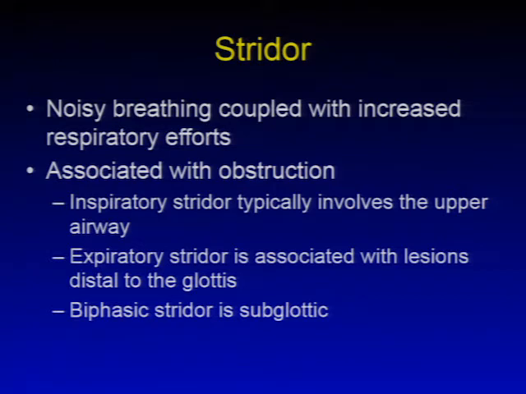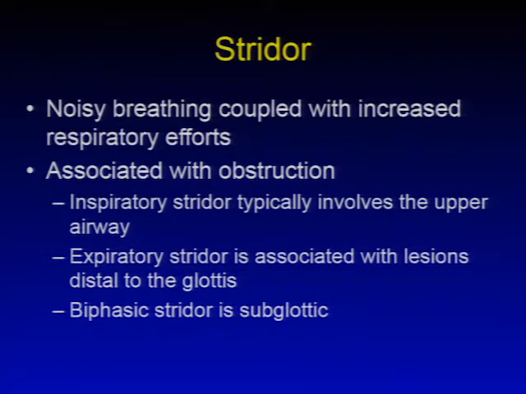Noisy breathing is an ominous sign, as it is concerning for impending airway obstruction or respiratory failure. Stridor is a barking, croupy cough. If it's associated with substernal retraction, nasal, and rib cage flaring, then there is concern for impending respiratory failure. Most commonly, it's associated with subglottic edema from endotracheal tube irritation.